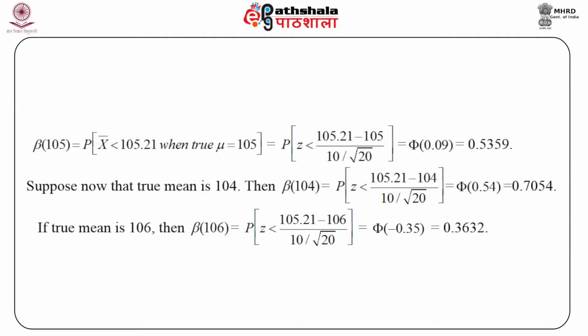and is equal to 0.7054. Similarly, if the true mean is 106, then beta 106 comes out to be equal to 0.3632. So similarly, we can calculate the probability of type 2 error for different alternative values of the true mean if the null value is false.